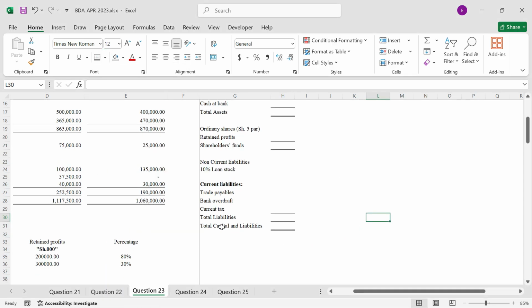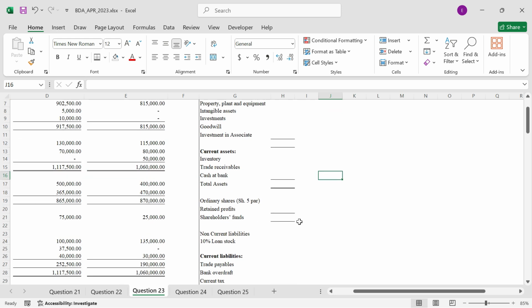Then, before my total capital and liabilities, I also want to capture NCI. So this is just the statement. I have done no calculations. I have just adjusted it to account for the elements that I have to add.